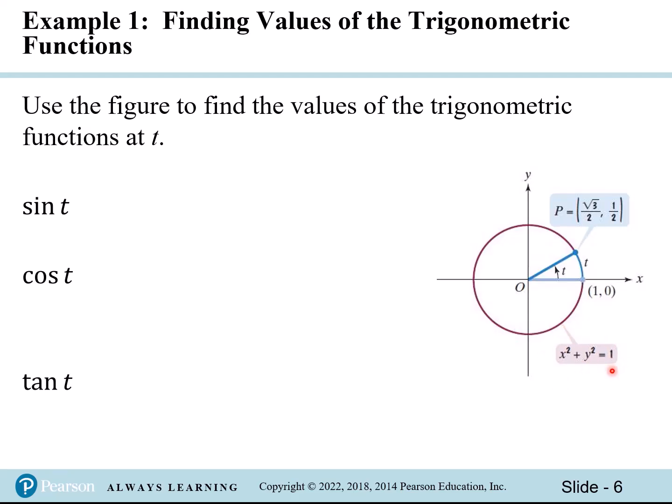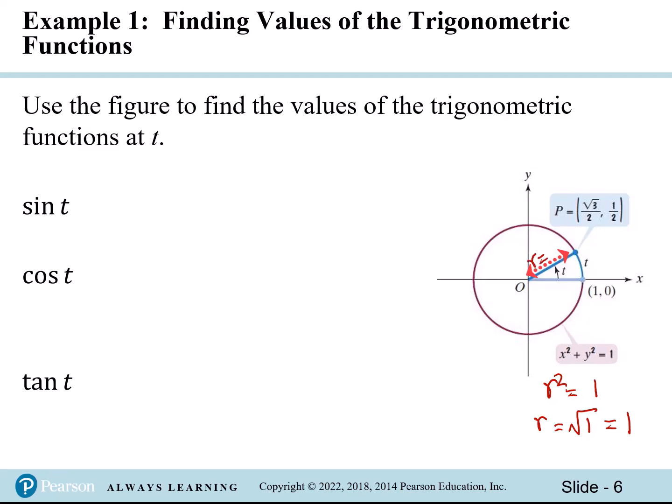So when r squared equals 1, that means the radius r is equal to the square root of 1, which is 1. And when the radius of a circle is 1, it's a unit circle. So this distance here from the origin to the point on the circumference of the unit circle has a measure of 1, and that's the radius of this circle.